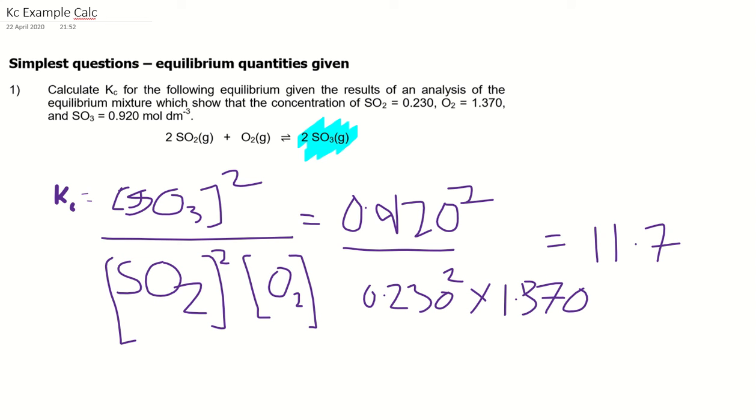Maybe this is me taking a bit of a shortcut, but I'm just going to cancel through the SO3 squared and the SO2 squared because they're 2 concentrations that are both squared, so they can cancel each other out, and that means I'm left with 1 over a single concentration. So the units are going to be mole to the minus 1 on the bottom, decimeters cubed.